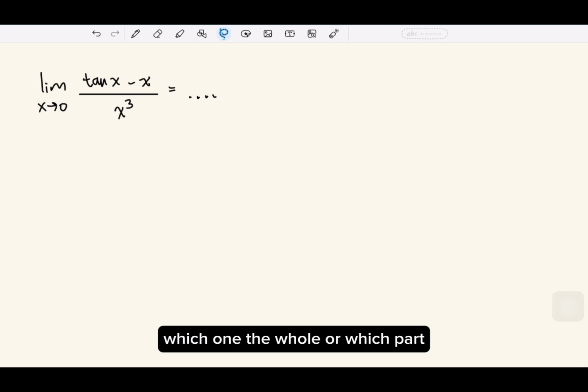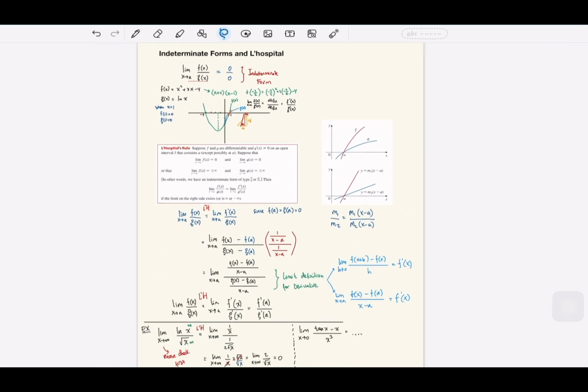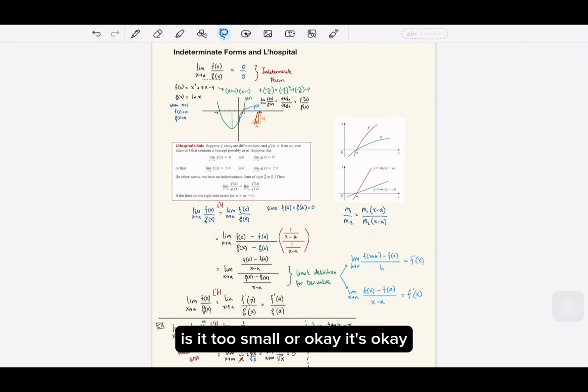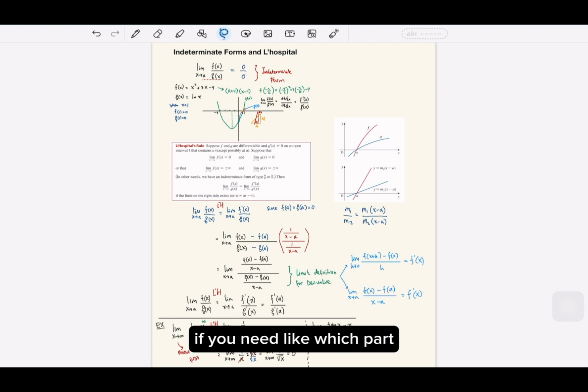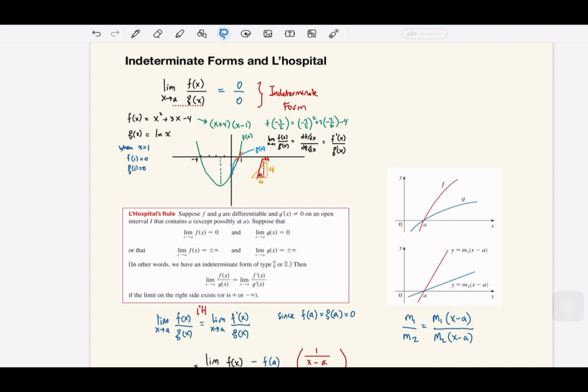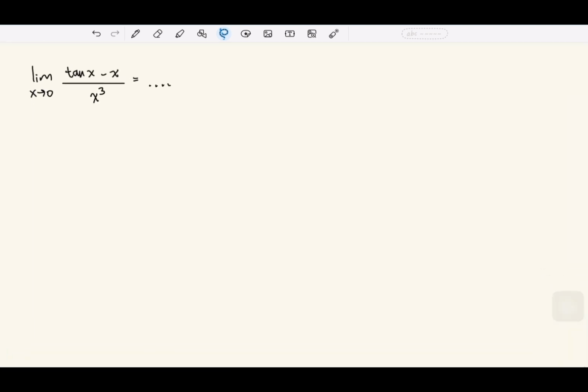Oh, which one? The whole or which part? The whole thing? Is it too small or okay? It's okay? If you need, which part, the top one or the bottom one? The top one. Okay. Maybe here, right? Can anyone find the answer?